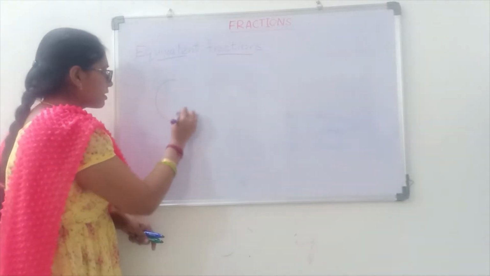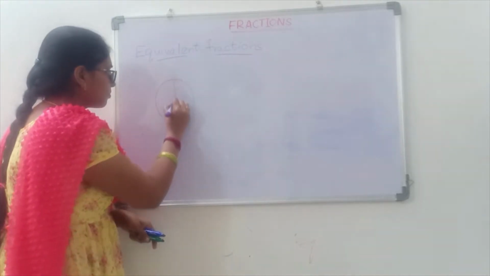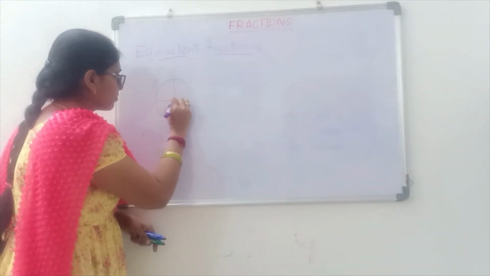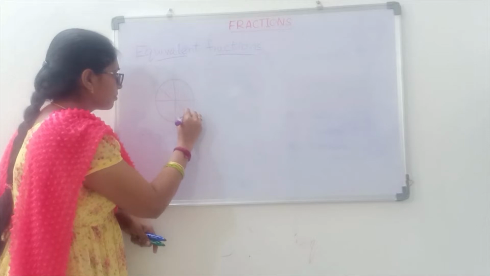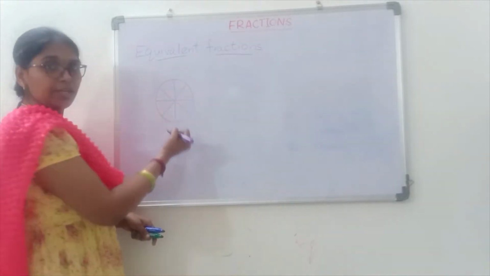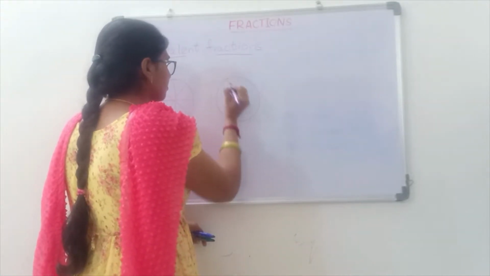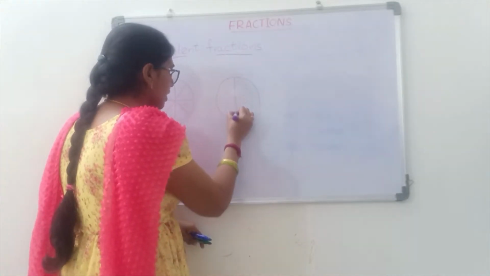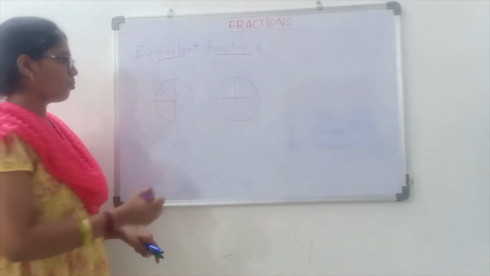Let us consider a circle. It is divided into 8 parts. Another circle. It is divided into 4 parts.